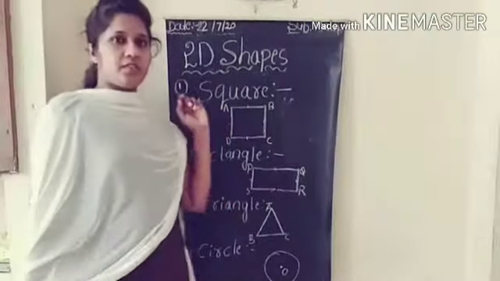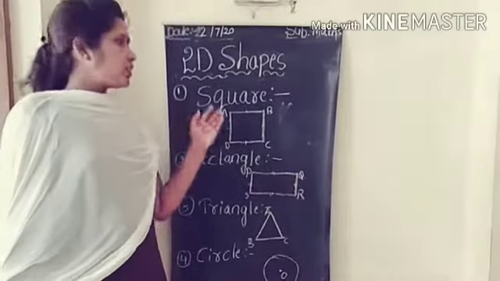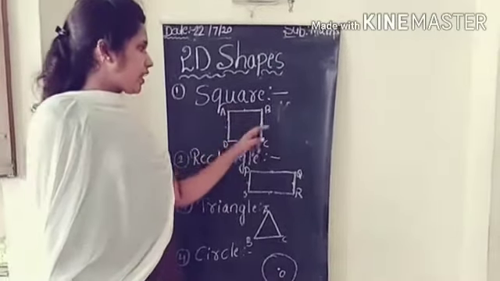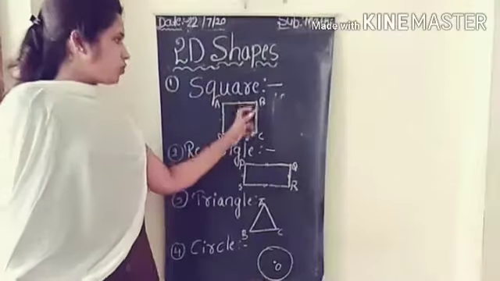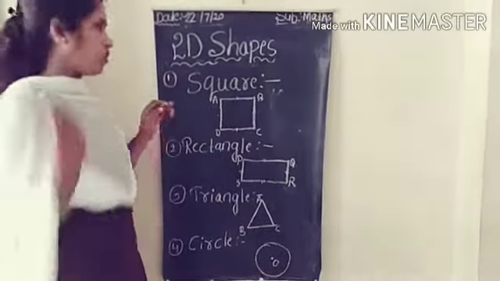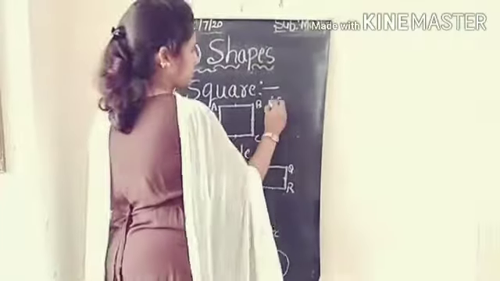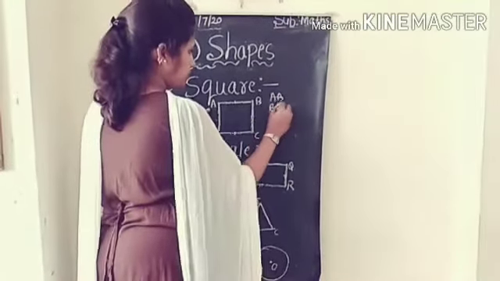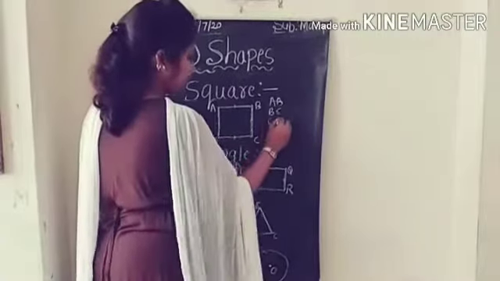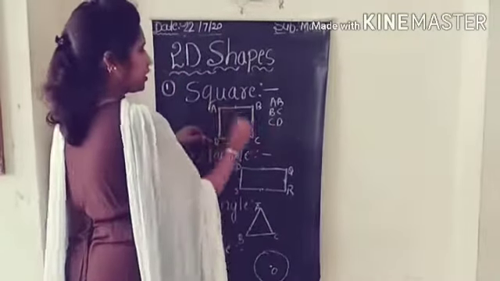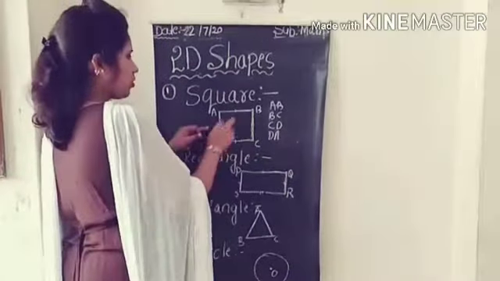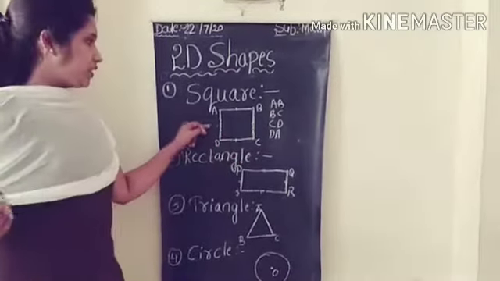2D shape. What is this? Square. It has 4 straight lines as sides. They are AB, BC, CD and DA. All sides are equal in length.